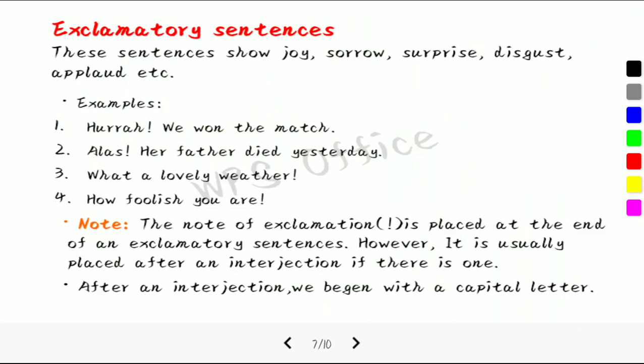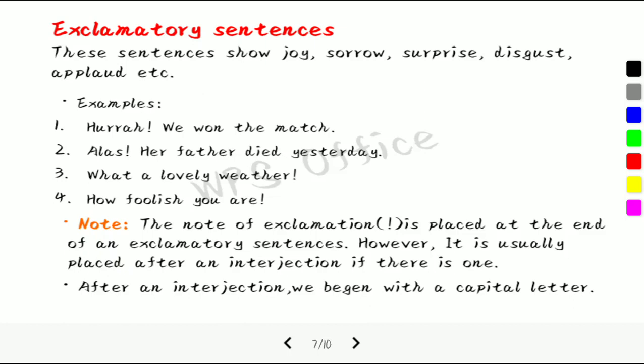Then come exclamatory sentences. Exclamatory sentences have different types. We will study that too. These sentences show joy, sorrow, surprise, disgust, applause, etc. For example, if someone is happy, how can we express that happiness?